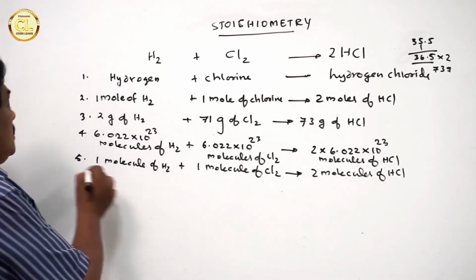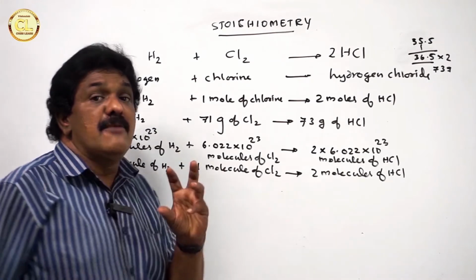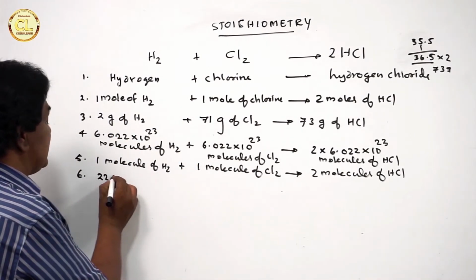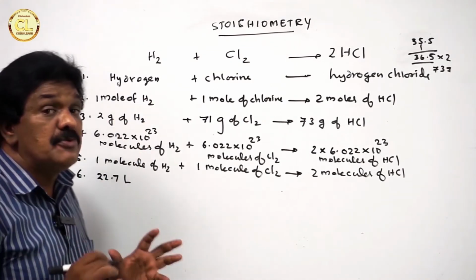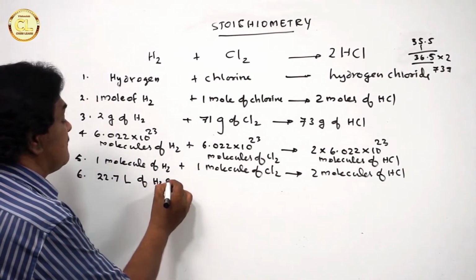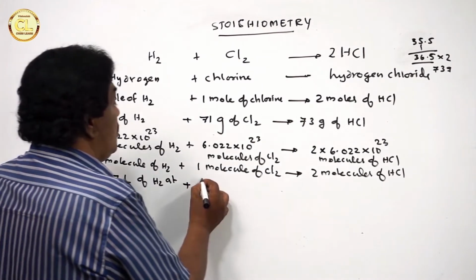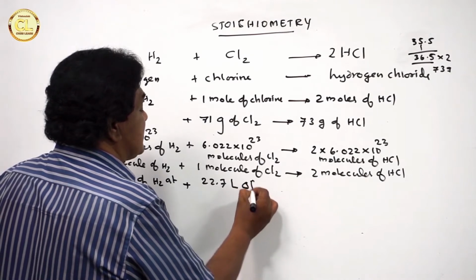Now, the molar volume means the volume occupied by 1 mole of a gas. It is 22.7 liters. 1 mole of hydrogen can occupy 22.7 liters at STP, plus 22.7 liters of chlorine at STP.